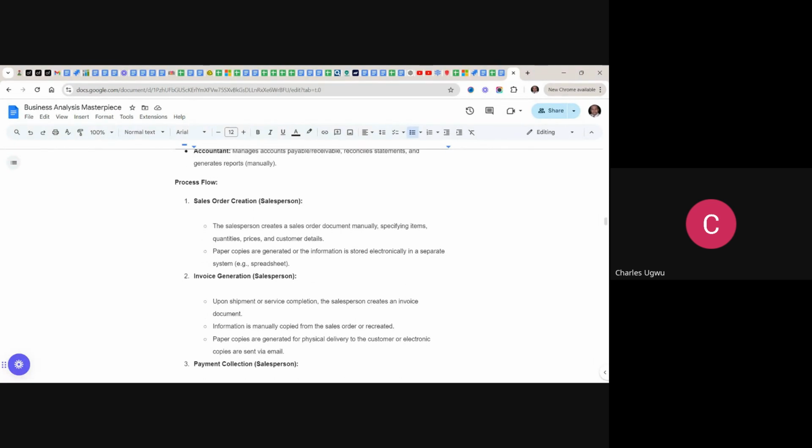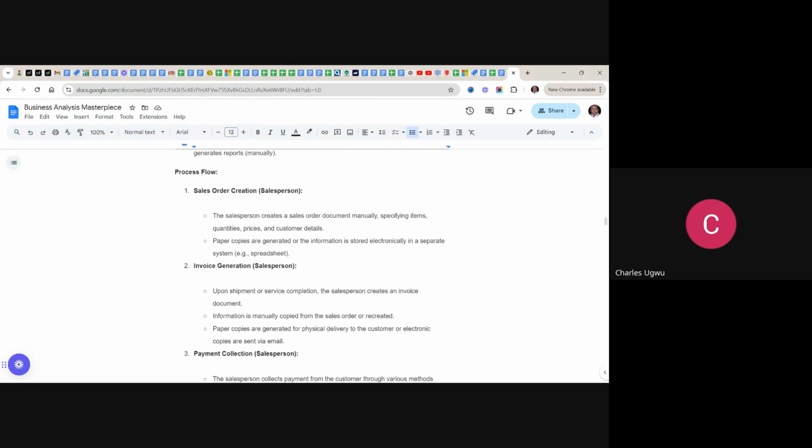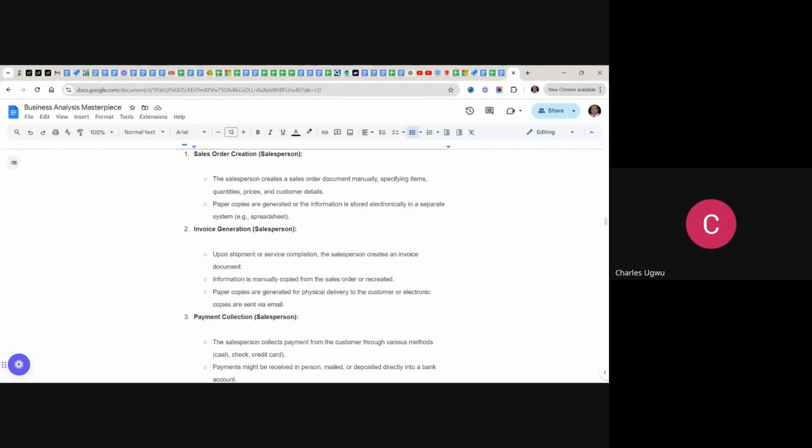Then this is sales order creation. I've told you how I do my sales order creation as a salesperson, and then how I do my invoice generation as a salesperson. Upon shipment or service completion, the salesperson creates an invoice document.